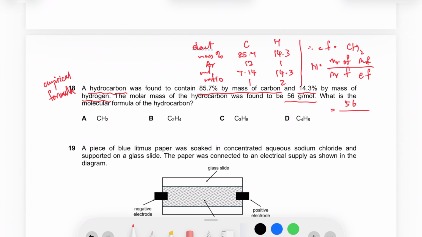Mr of empirical formula, which is CH2, is just 12 plus 2. So you get 4. So the common factor is 4. So you have to times 4 to everything, so you get C4H8. That's the molecular formula. So answer will be D. That is how you do it.